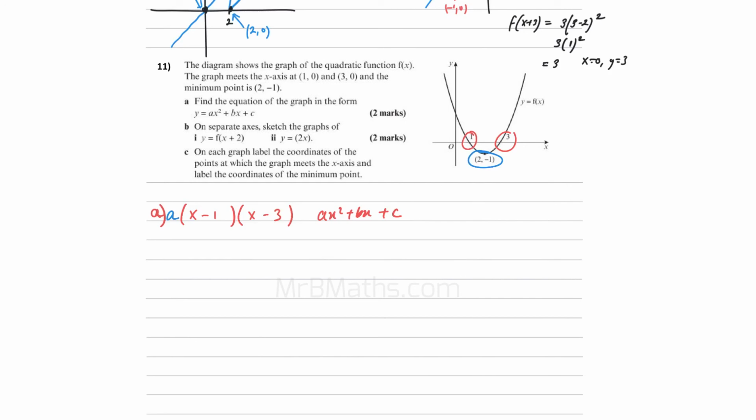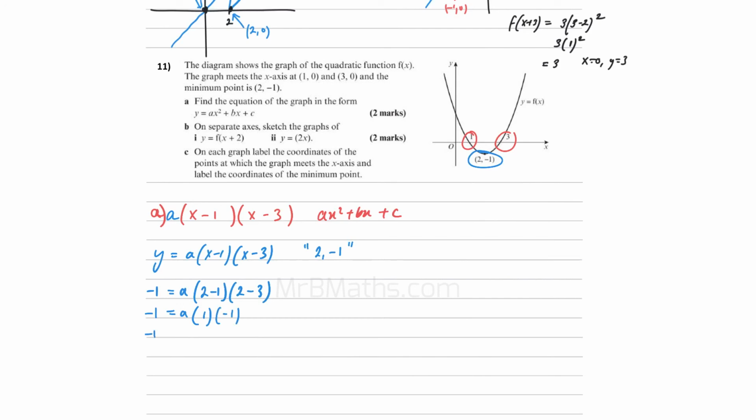So if we go by y equals a, x minus 1, x minus 3, and then substitute that value of 2, -1, we end up with -1 equals a, open bracket, 2 minus 1, 2 minus 3, which is therefore -1 equals a, 1 minus 1.